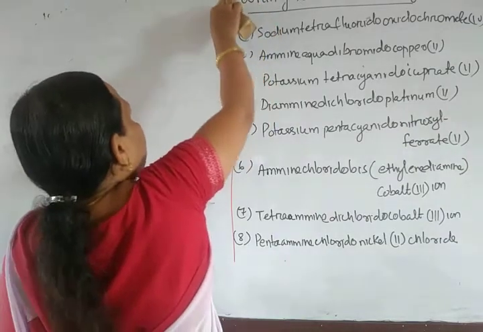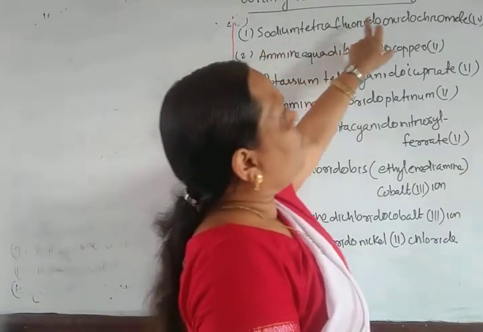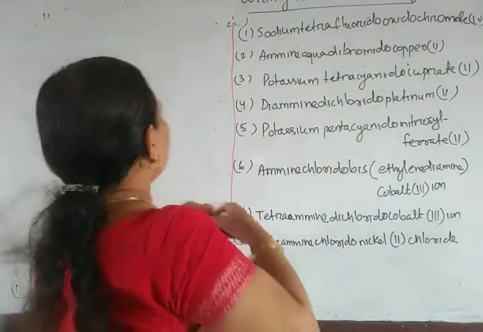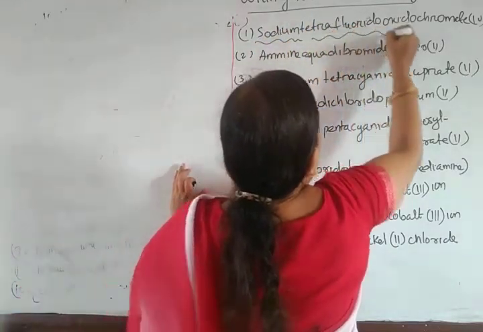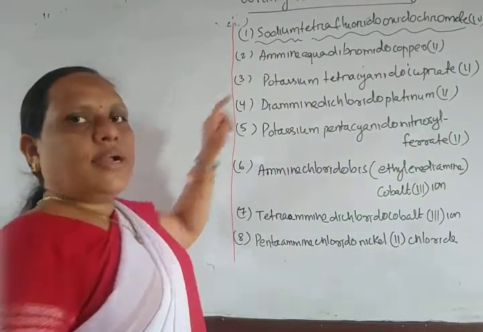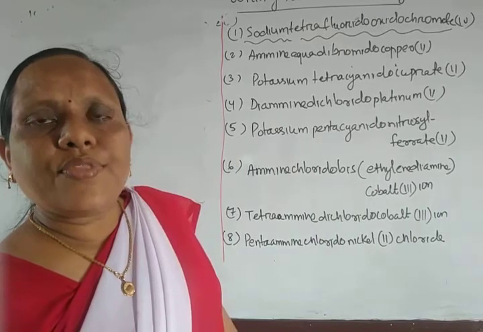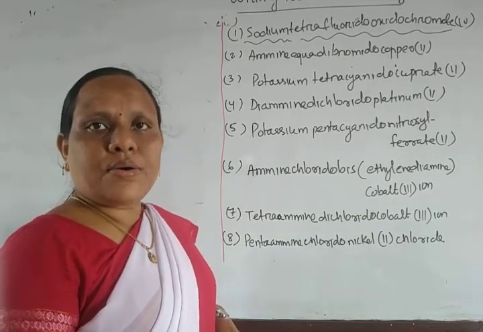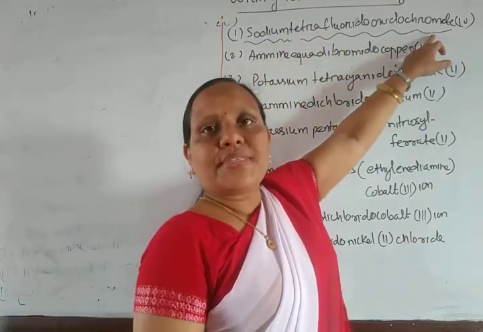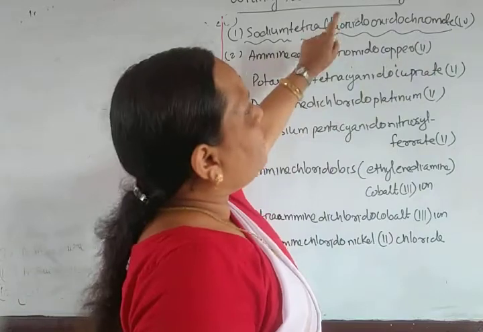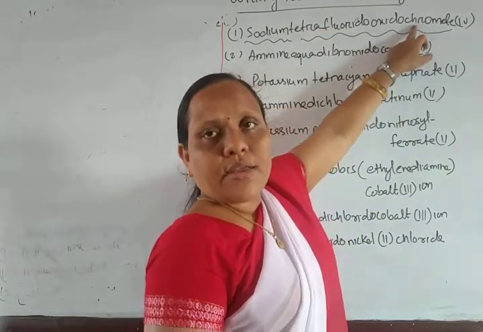From this name, we know this is the cation part and this is the anion part, and the complex is the anion part because it ends with -ate. And what is the metal atom here? Here the metal atom is chromium.